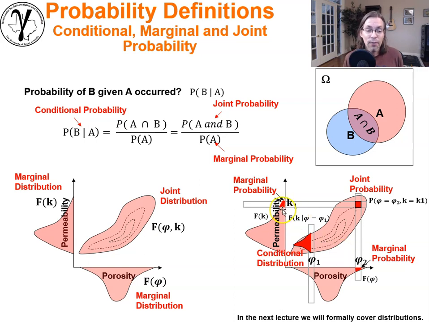If I pick an interval on permeability and calculate the probability of being between those values, that would also be a marginal probability. Now, if I took both of those, a constraint or bin in porosity and a constraint and bin in permeability, that would create a square right here of criteria, a porosity interval and a permeability interval, and I could calculate a joint probability from the joint distribution.